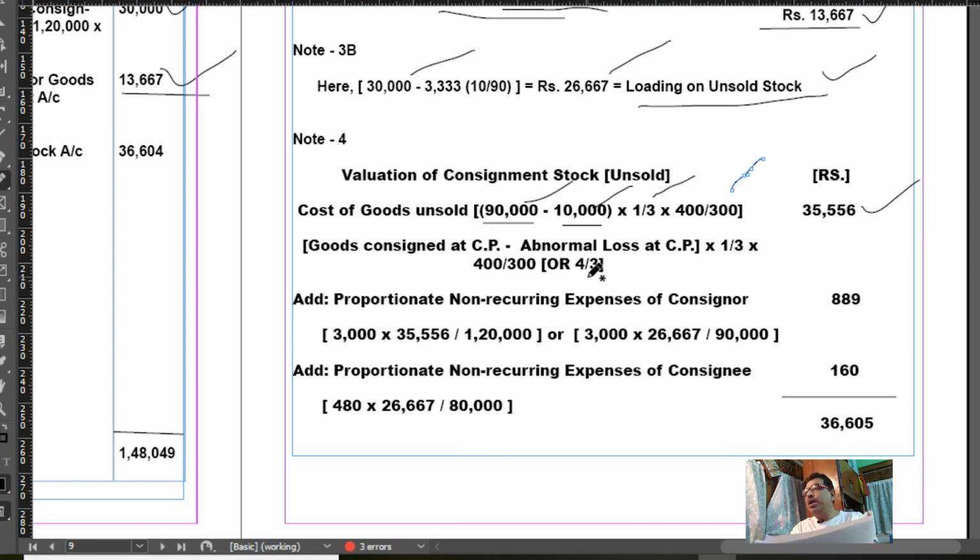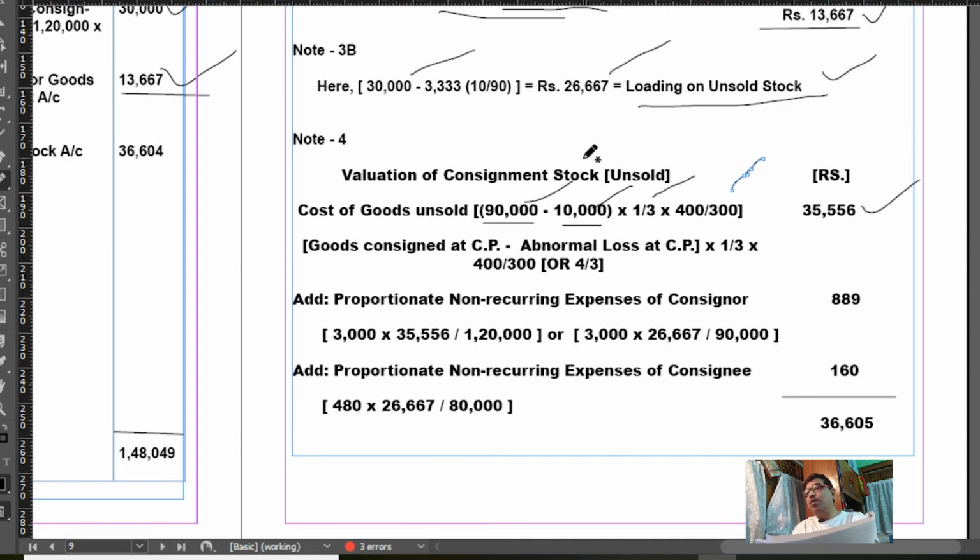Now, how did you get it? Because 4 by 3 was there. Only 2/3 was sold out. Therefore, 1/3 was remaining. Therefore, I have to calculate 1/3 on rupees 80,000 actually received. Therefore, 80,000 into 1/3 into 4 by 3, that is 400 by 300.